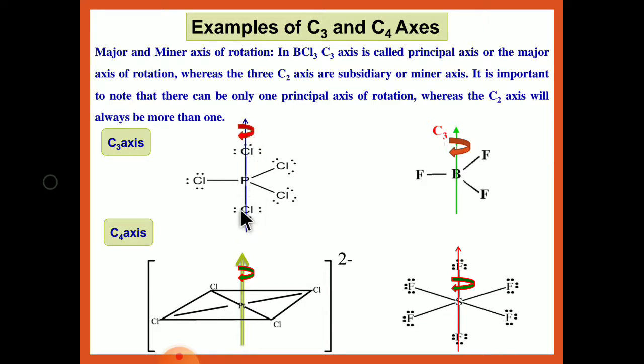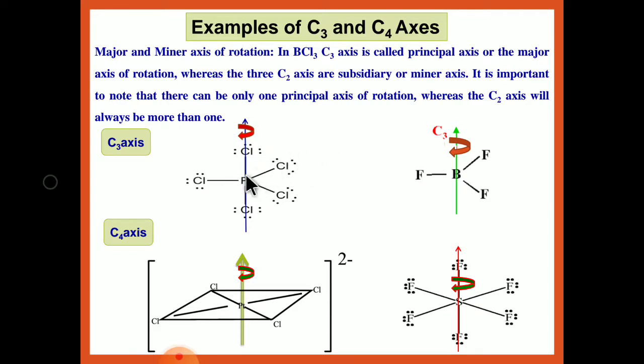But here three C2 axes are passing through the three equatorial chlorine atoms, like this. First is passing through this Cl and this P atom. This is the first C2 axis. Second is passing through this Cl and this P atom.